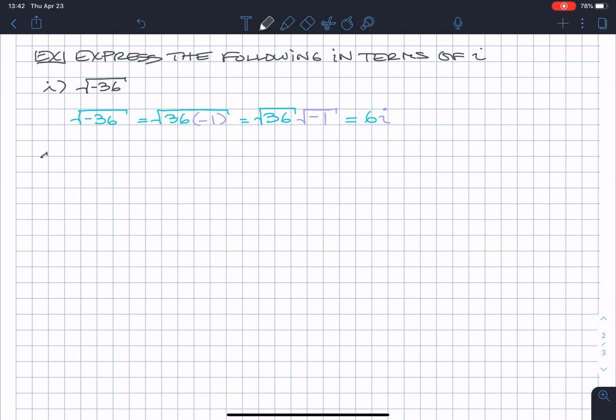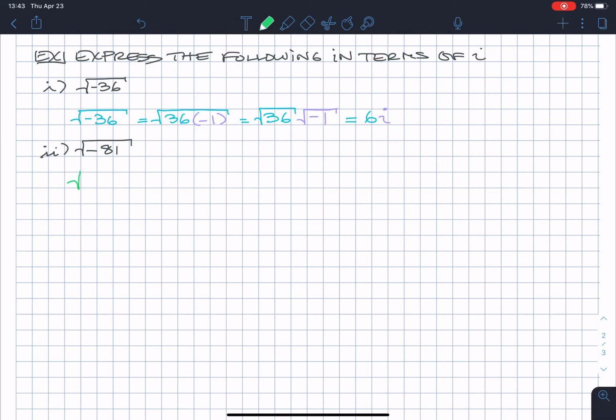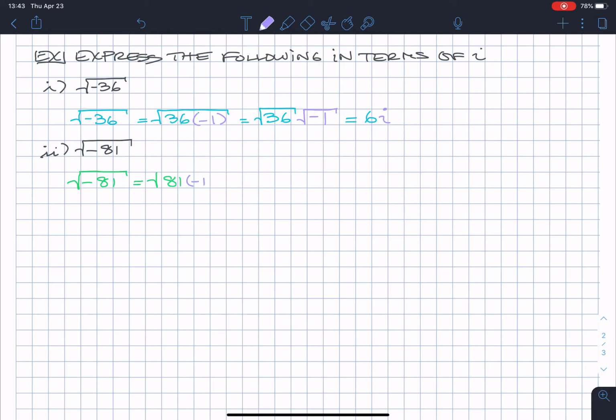Okay, so number 2. Let's do the square root of negative 81. So this will be the square root of 81 times negative 1, which I can then break up into the square root of 81 times the square root of negative 1.